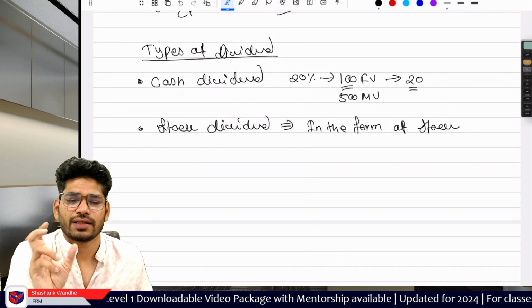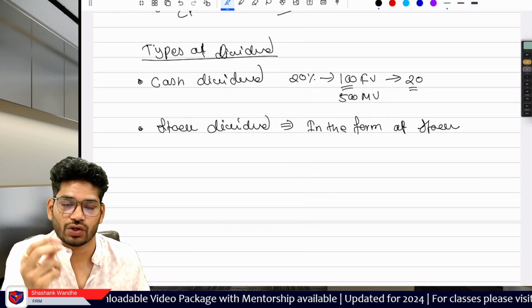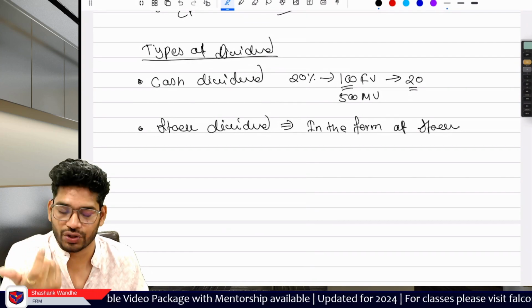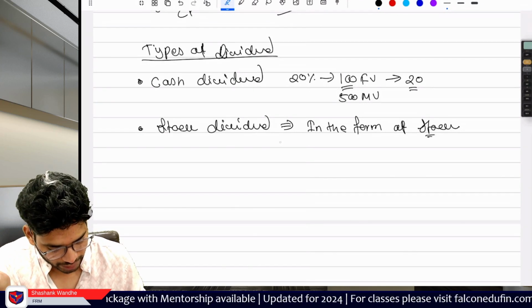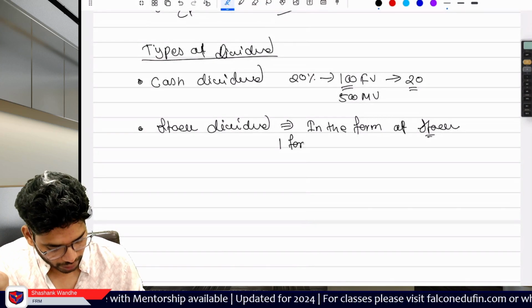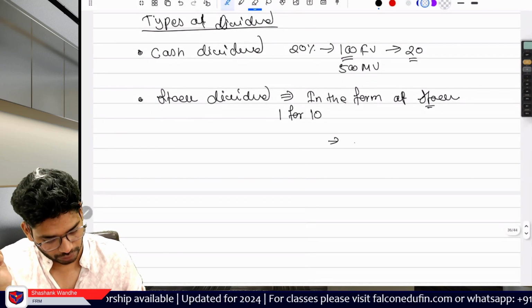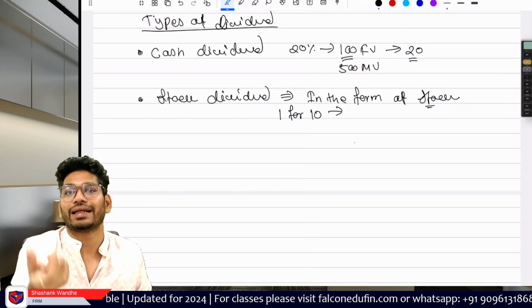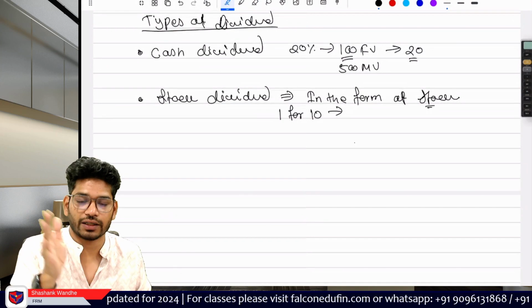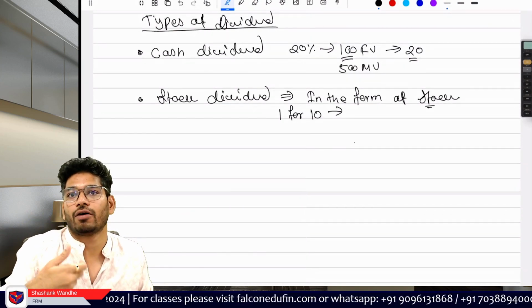Say you hold 10 stocks: for every 10 stocks held, you get 1 extra share. So, for example, 1 for 10. If you hold 10 shares, you will get 1 share. If you hold 100 shares, you will get 10 shares in the form of stock dividend. So here the dividend is made in the form of stocks.